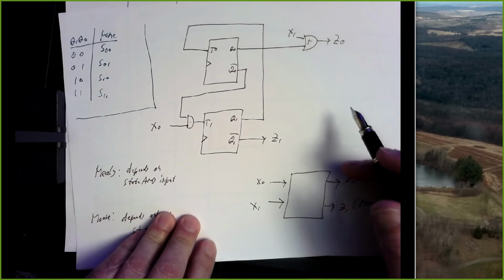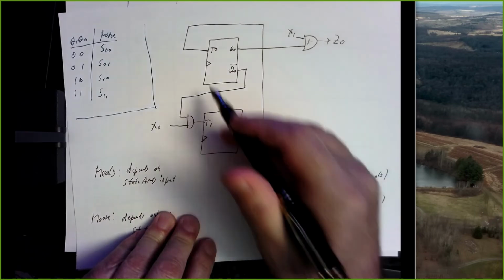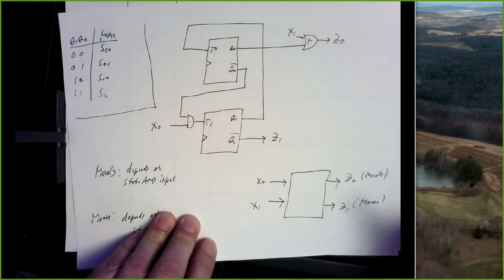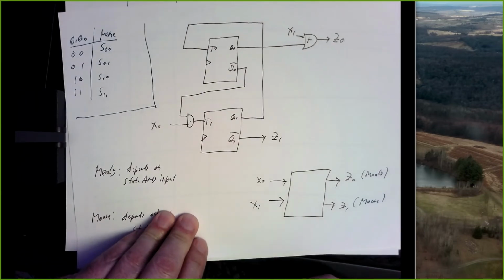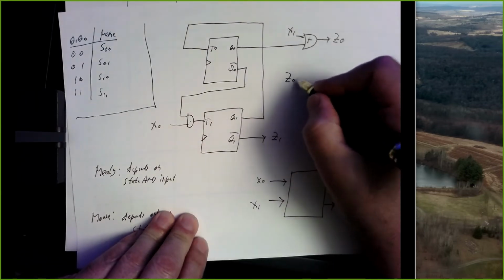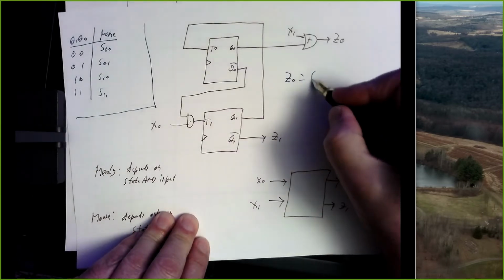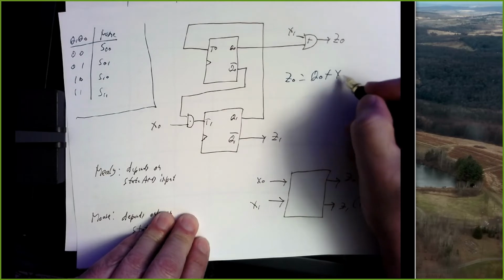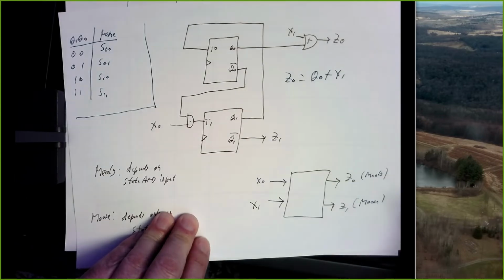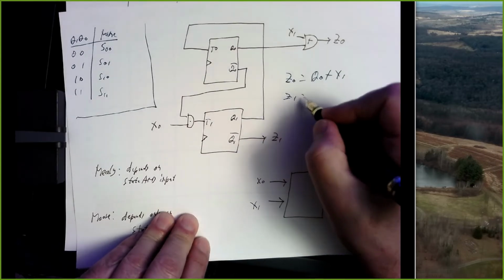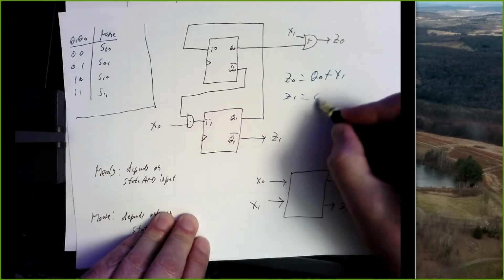So I'm writing equations for my outputs and for my flip-flop inputs. Outputs are a little easier here. Z0 is an OR output, and it's the output of Q0 and X1. Z1 is super easy to write, it's just Q1 bar.